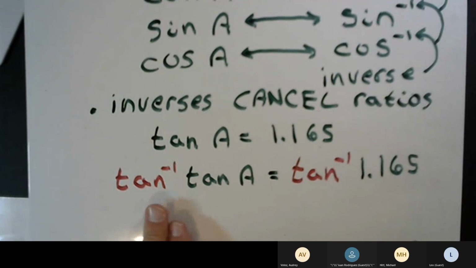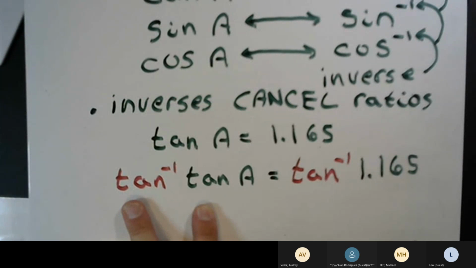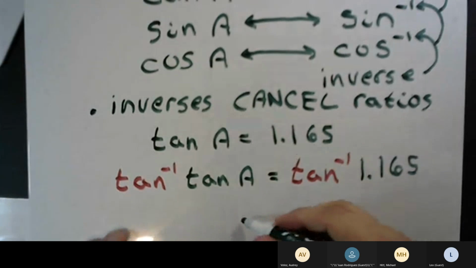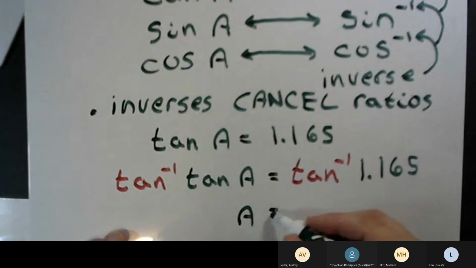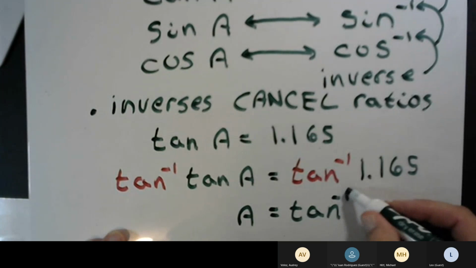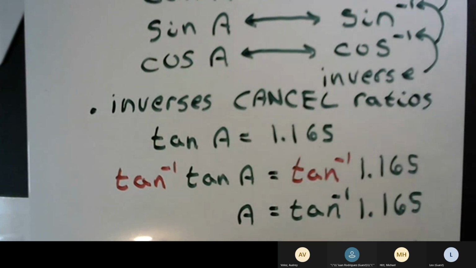So we have an inverse and we have a ratio. They're going to cancel. The A is going to stay behind. So A is tangent inverse of 1.165. What the heck does that mean?